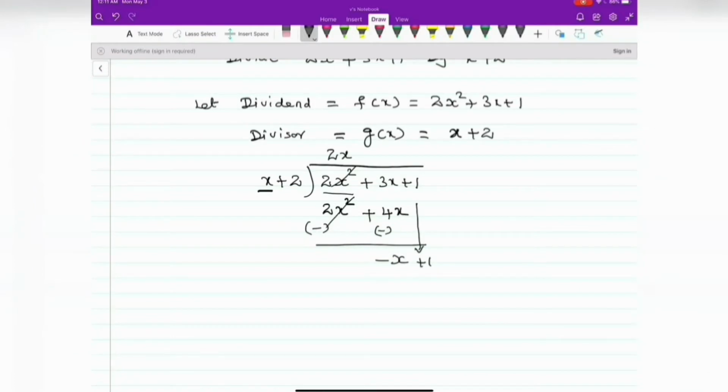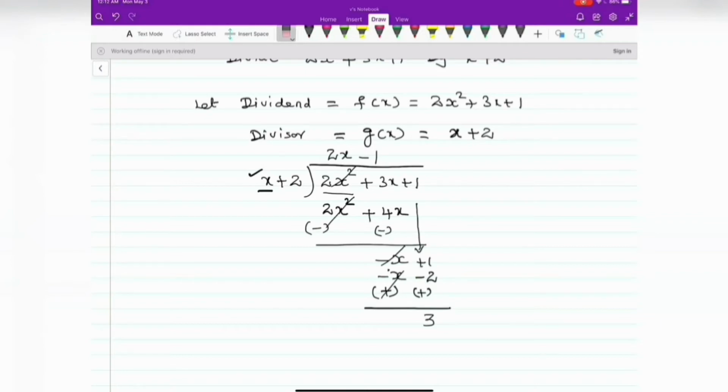Now you want minus x, but you are having here plus x. So let me multiply it by minus 1. In that case, I will be getting minus x, then plus 2 into minus 1, which is minus 2. Again, the sign will change when you subtract. Now you will be left with minus x and plus x will get cancelled. Then 1 plus 2, 3.